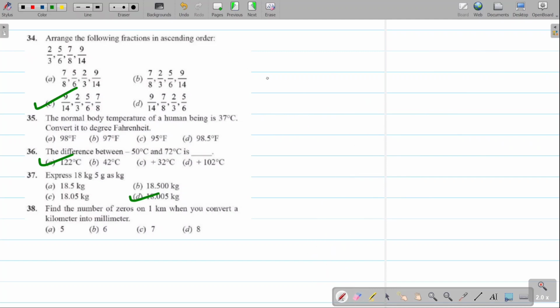It says find the number of zeros in 1 kilometer when you convert a kilometer into a millimeter. So again we need to write the whole unit. So kilometer, hectometer, decameter, then meter. After that we have decimeter, followed by centimeter, and finally there's a millimeter. So we need to go from kilometer to millimeter. We are going from a larger unit to a smaller unit.